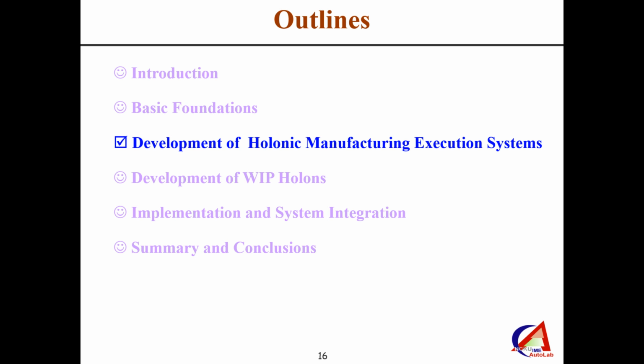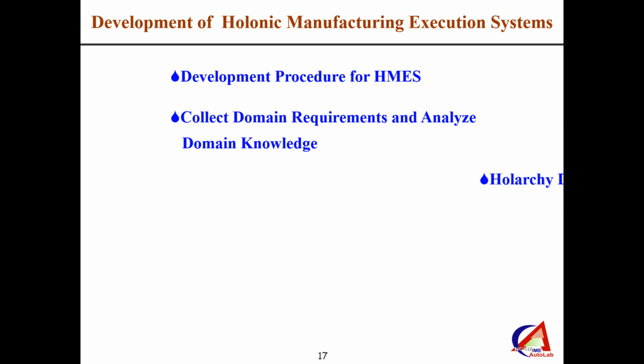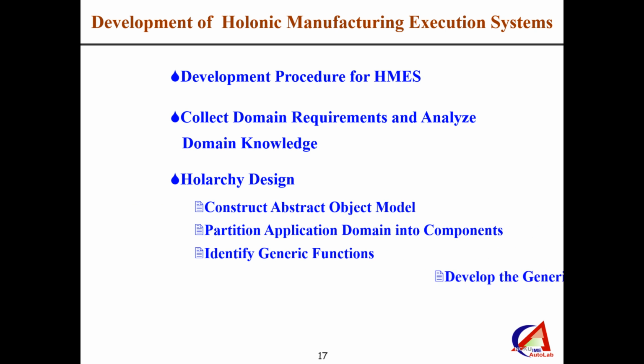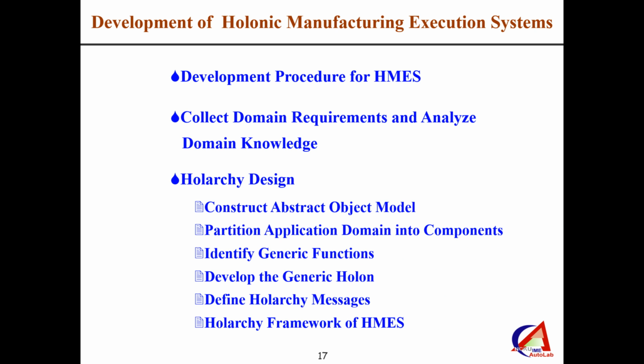So next one, develop the Holonic manufacturing execution system. This is a large-scale system. Then how can I develop this system? It is the following. To begin with, we need to develop the procedures.